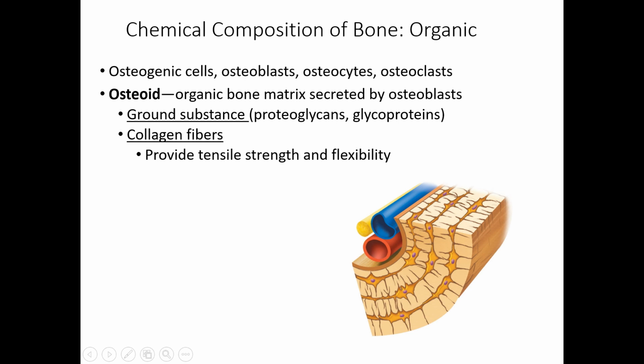Okay, and each bone is made of organic and inorganic substances. So what is organic inside of the bone? Osteogenic cells, osteoblasts, osteocytes, so all the cells are organic. And the matrix right here also has some organic substances, mostly collagen fibers, and also some molecules, proteoglycans and glycoproteins.